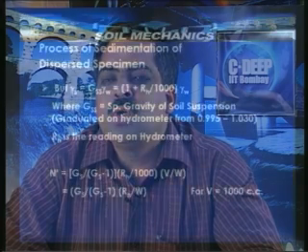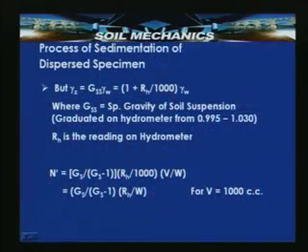So, the relation is gamma z equal to Gss gamma W, which is equivalent to 1 plus RH by 1000 into gamma W. This RH is nothing but the reading on the hydrometer, the graduated readings on the hydrometer. Then Gss is nothing but the specific gravity of the soil suspension. Generally, the hydrometer is graduated with readings like 0.995 to 1.030.